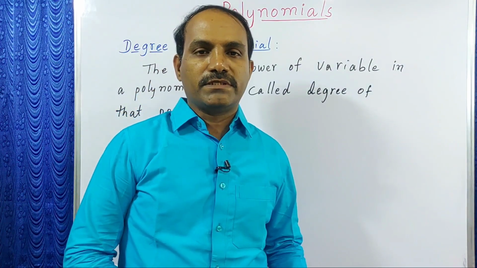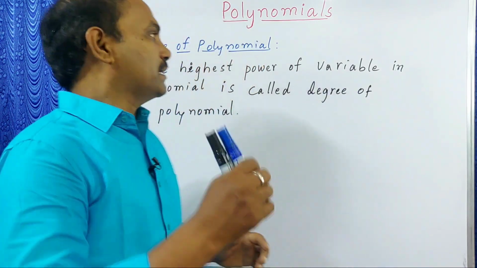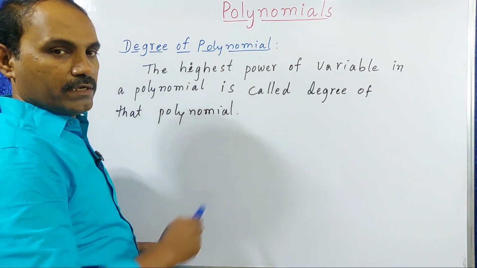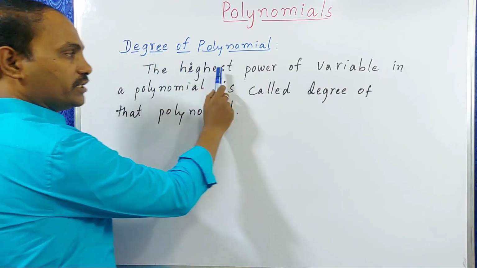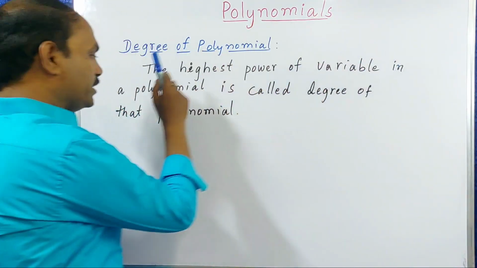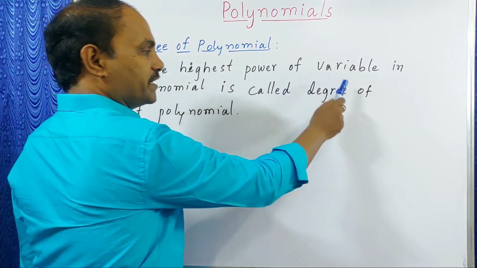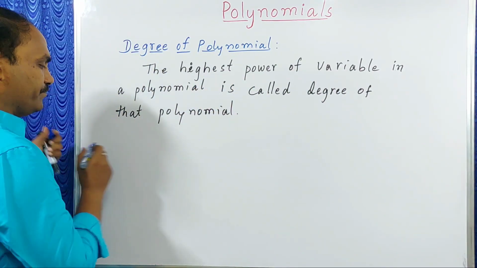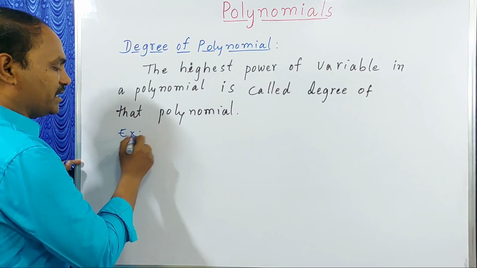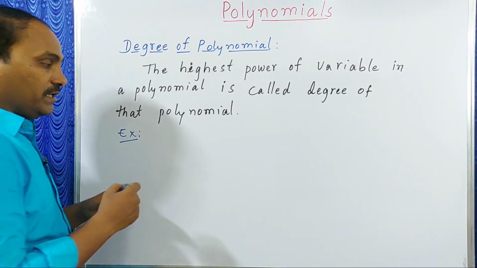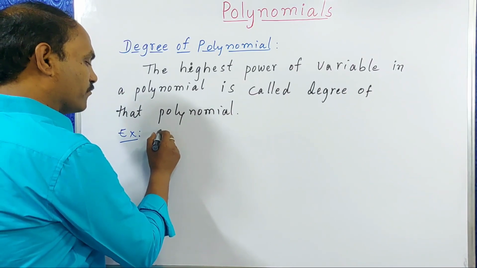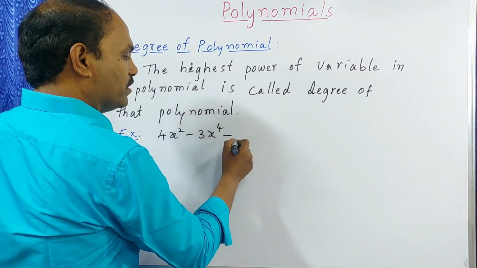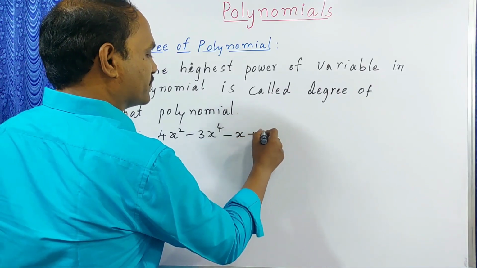Next basic term is degree of polynomial. Let us discuss degree of polynomial. The highest power of the variable in a polynomial is called the degree of that polynomial. For example, we write like this: 4x square minus 3x power 4 minus x plus 5.